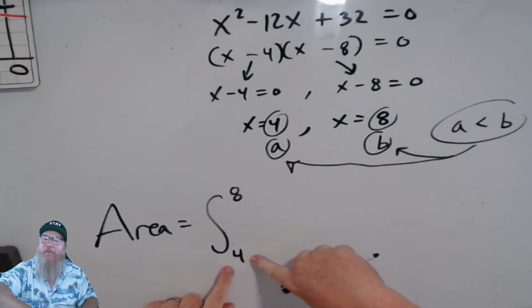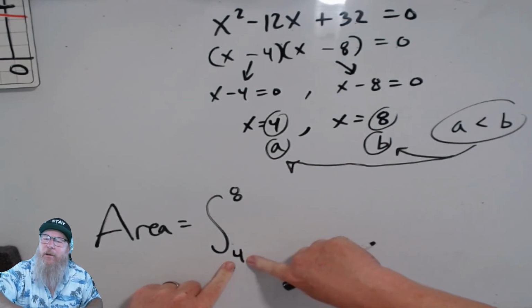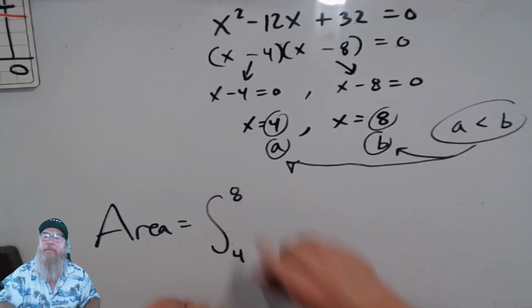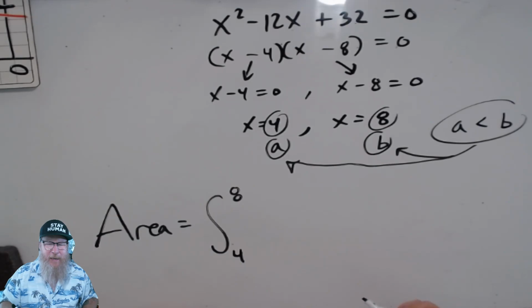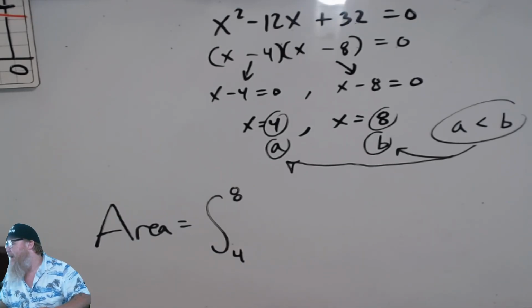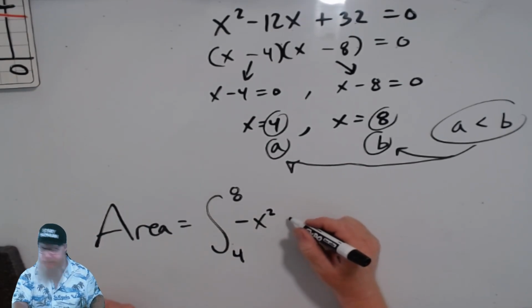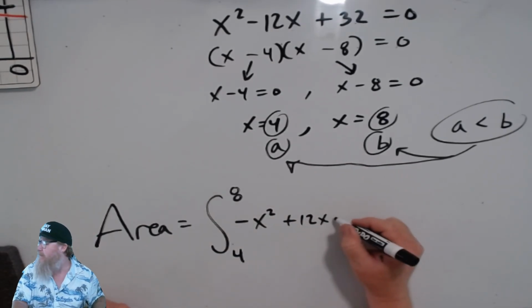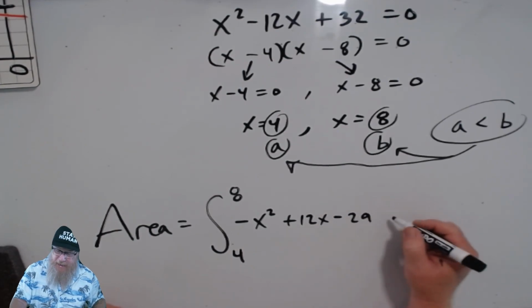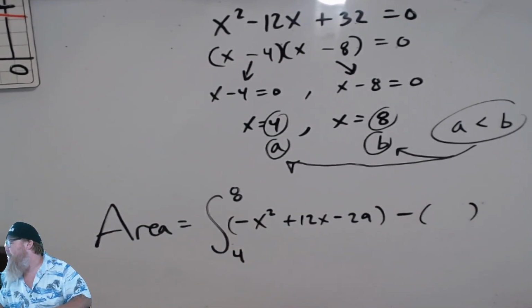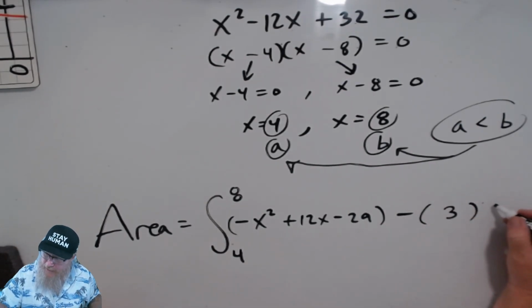The smaller boundary is the lower limit, and then the upper limit is B. Then my f of x was negative x squared plus 12x minus 29, minus my g of x, which was just the number 3.